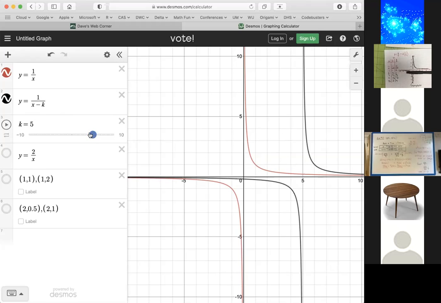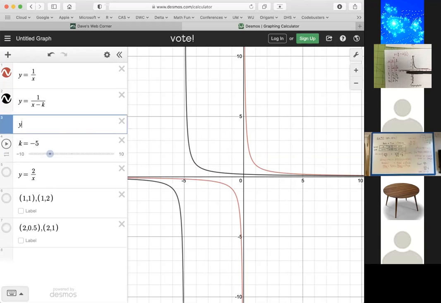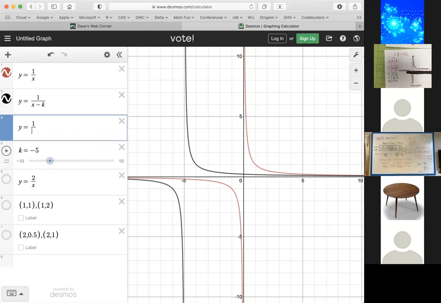But k equals minus 5, that would be, let's try it out, 1 over x plus 5. Okay, confirmed.